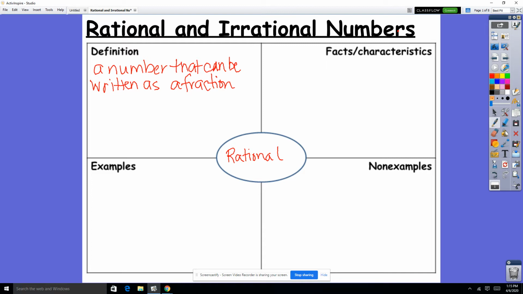Some facts and characteristics about numbers that can be written as a fraction are: this could be a whole number, because any whole number can be written as a fraction by putting it over 1. It can be a positive or a negative whole number.